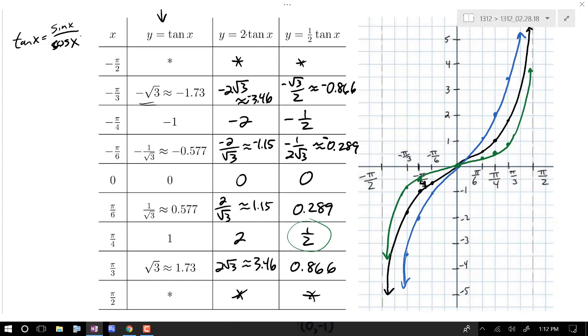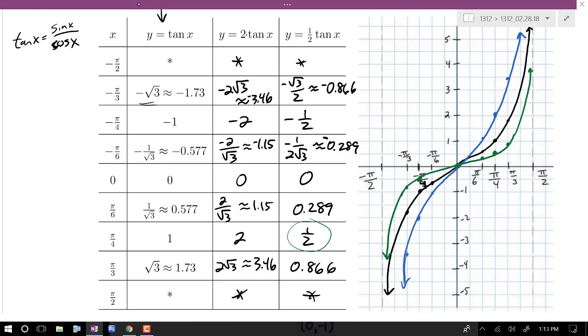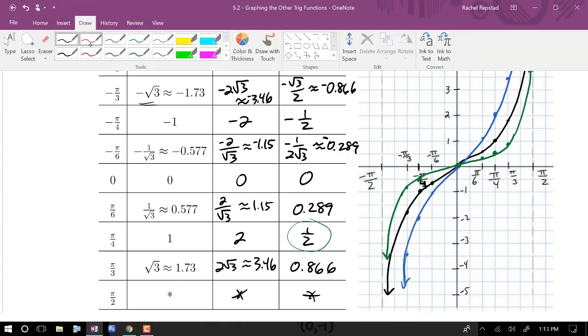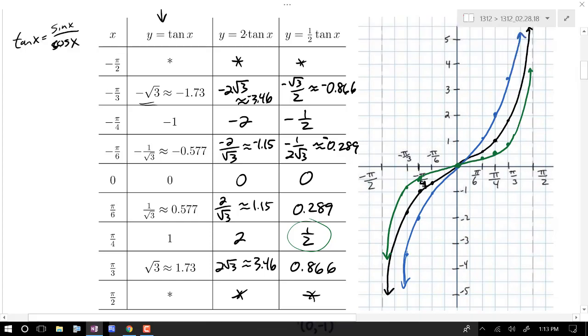And when I graph these, essentially, here's what I do. I say, okay, I know the shape of the tangent function. I know it's going to go through 0, 0. And then I'm going to use pi over 4 and minus pi over 4. That's where the regular tan function is equal to 1. So I use that as my primary anchor. So here's my regular tan of x: at pi over 4, we're at 1.